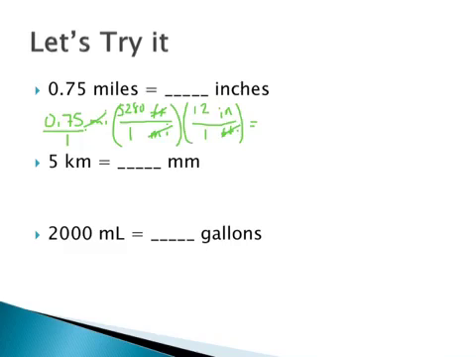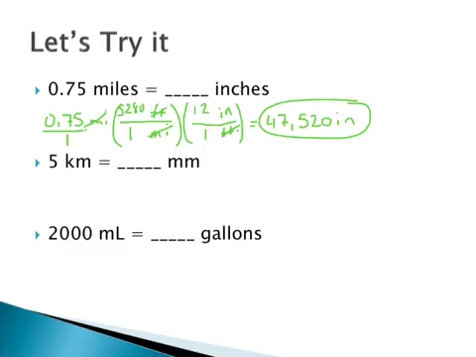Punching that in your calculator, you should get the answer of 47,520 inches. So that is converting from miles to inches, and hopefully this number makes sense to you. Inches are far less than miles, so there should be a ton of inches in 0.75 miles, which in this case is 47,520 inches.